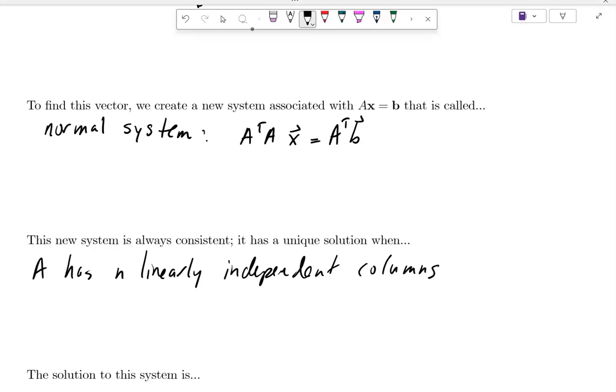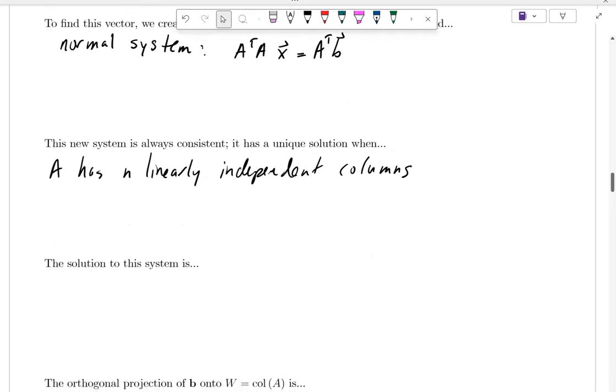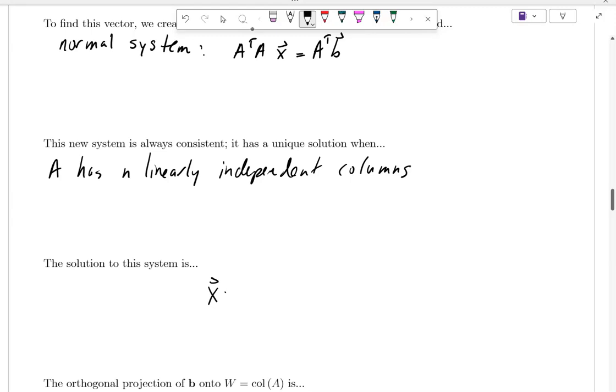When we have n linearly independent columns, that tells us that this matrix will be invertible, and we can take the inverse on the other side. So looking at that normal system, our solution will be (A transpose A) inverse times A transpose times b. That'll be the solution when we're done.